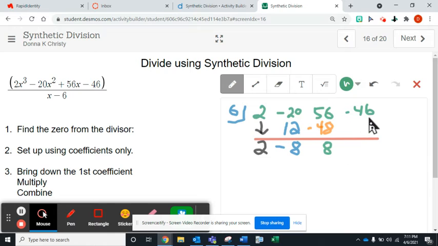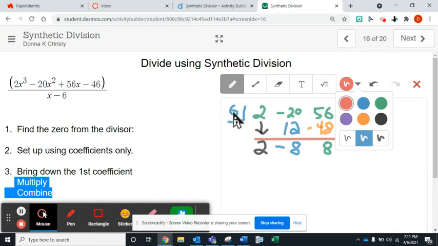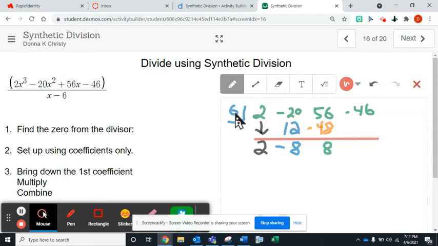So we still have a number here, so we've got to keep going. After combining them, again, we're going to multiply. Now I'm going to multiply 6 times the new one, 8, which is 48, and the answer goes there. Now we combine, and this is 2.